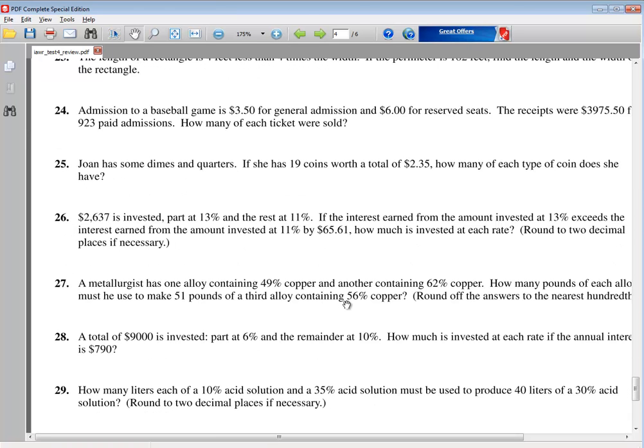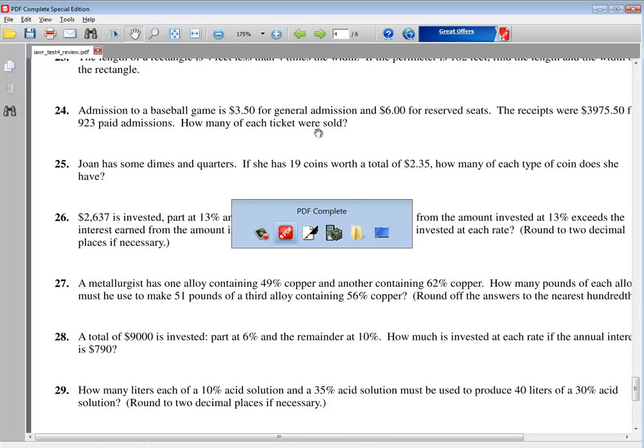Number 24. Admission to a baseball game is $3.50 for general admission, $6 reserved. The receipts were $3,975.50 for 903 paid admissions. How many of each ticket were sold? Okay, general, reserved.